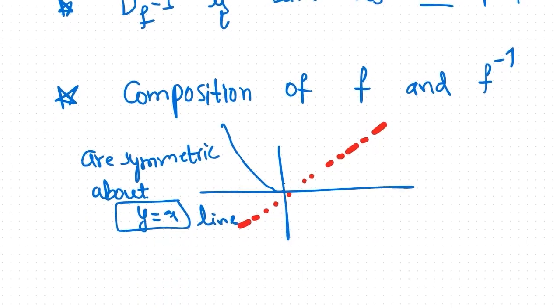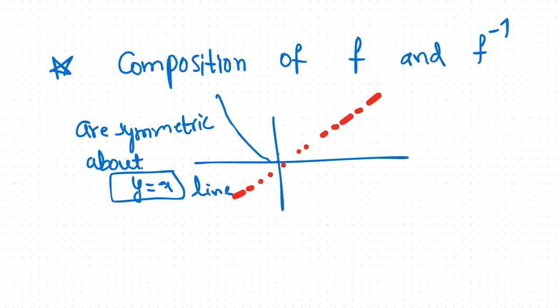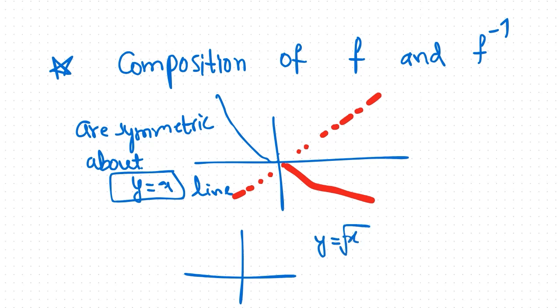Can you draw it? Do you remember what the square root of x graph looks like? It goes from the origin and then goes up like that.